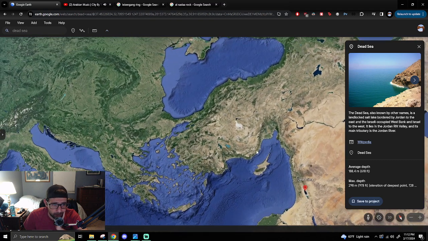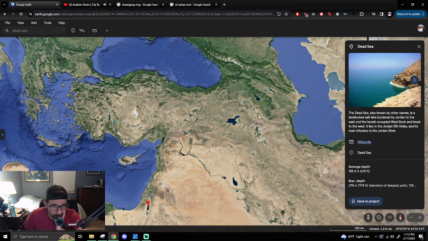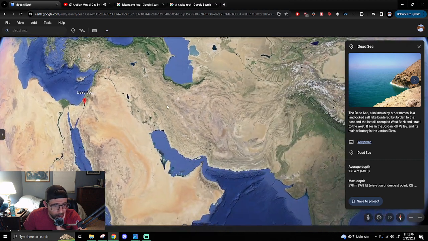Based on some geological data, I think I arrived at that it had to be going this way, and then cross here, down through here.